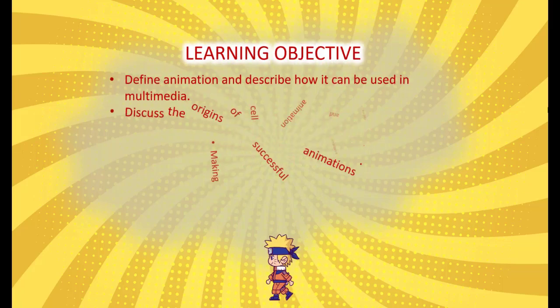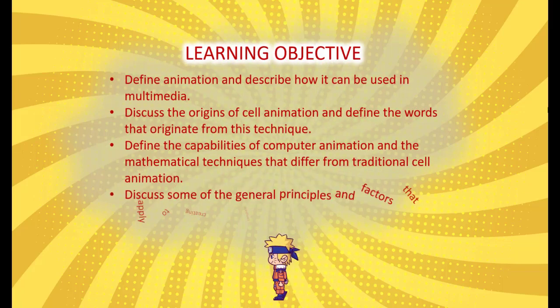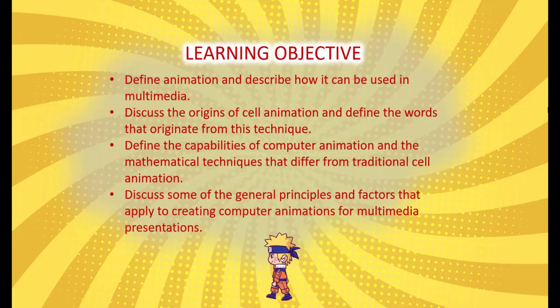Next, is our learning objective for today. At the end of today's lecture, you must be able to achieve all objectives in order to fulfill the topic requirements. The first objective, you must be able to define and describe animation and how animation can be deployed in our multimedia project. Second, you must understand the origin of animation, cell animation, and the techniques.